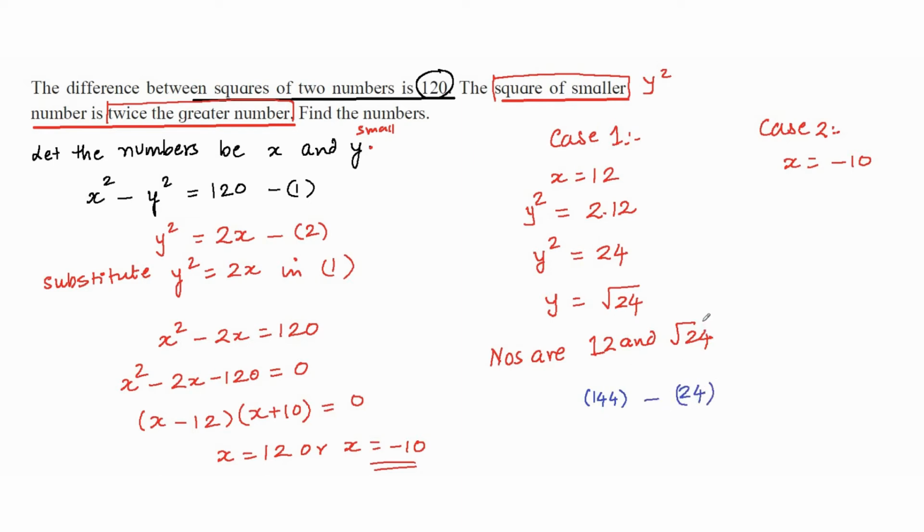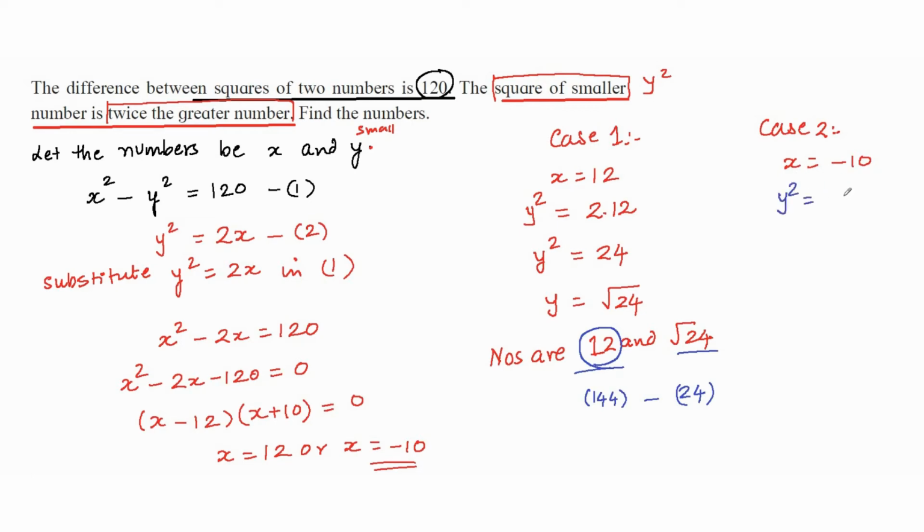So that matches. And the square of the smaller number, that is square root of 24, is smaller. So root 24 square is 24, and that's twice of 12. So this combination definitely matches the conditions that are given. Similarly, let's take x equals minus 10.